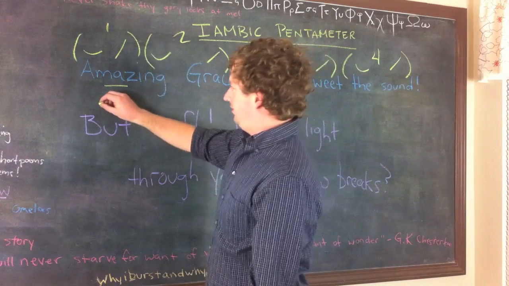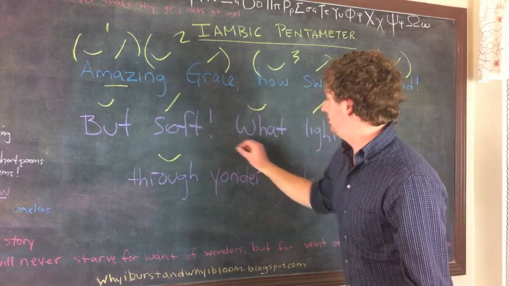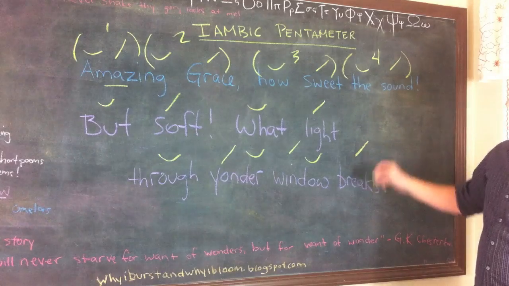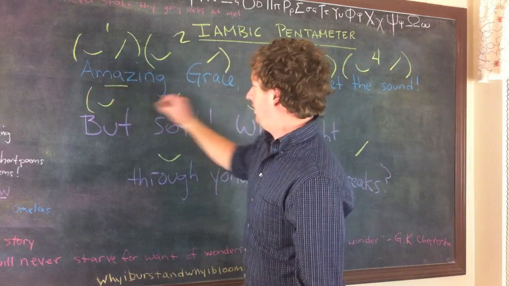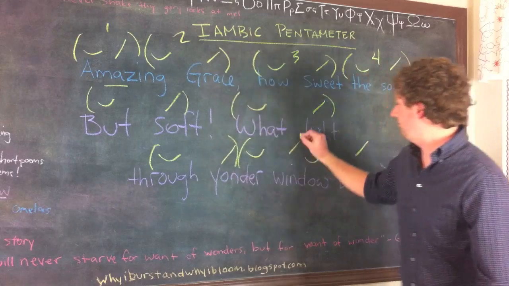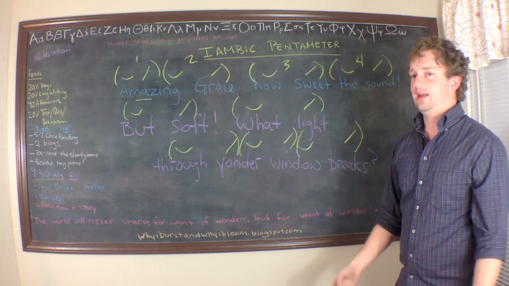And we can map it out. But soft, what light through yonder window breaks. And if we look at it again, we see 1, 2, 3, 4, 5 separate iambs, hence iambic pentameter.